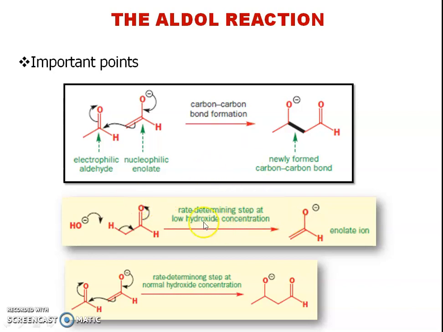If you are using a very low concentration of hydroxide base, then the enolate formation step is the rate determining step. And if you are using a very high concentration of hydroxide base, the second step, the nucleophilic addition of enolate to the carbonyl, is the rate determining step.